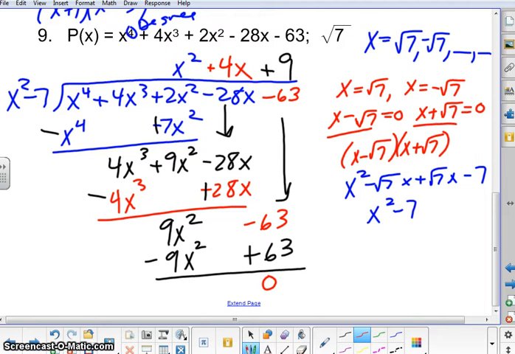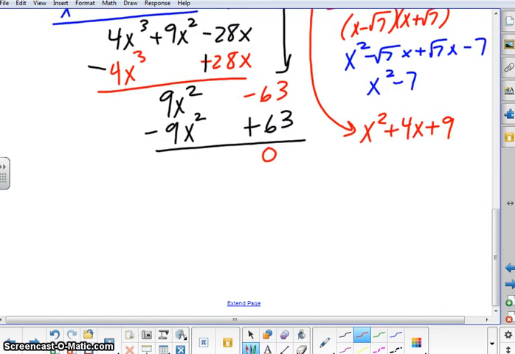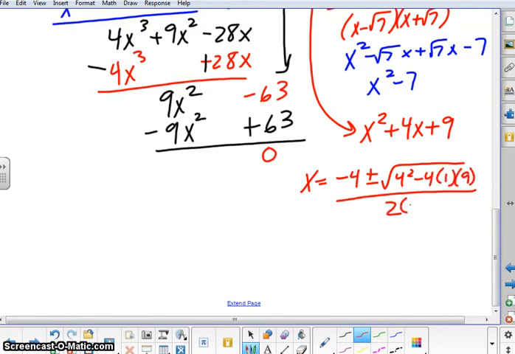Okay, so then what we have left is x squared plus 4x plus 9. And if we can factor it like we did in problem number 7, that would be great. But if it doesn't factor, we get to do some more math, which is the quadratic formula. X equals negative 4 plus or minus square root of b squared minus 4ac all over 2a.